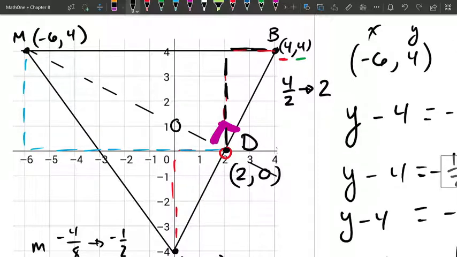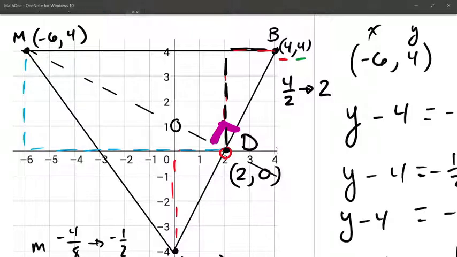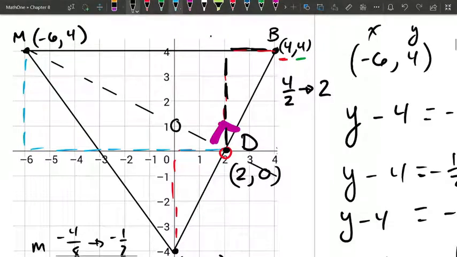And for the other one, we said our slope was down. I'll use blue again. It was down 1, 2, 3, 4, and then over 1, 2, 3, 4, 5, 6, 7, 8. And I wrote that right here. This has a slope of negative 1 half.